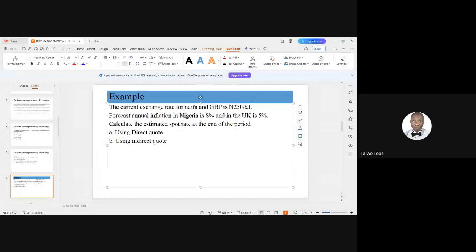So in relation to this, what are we going to do? This example is from the study pack. The current exchange rate for Naira and pound is 250 Naira to £1.